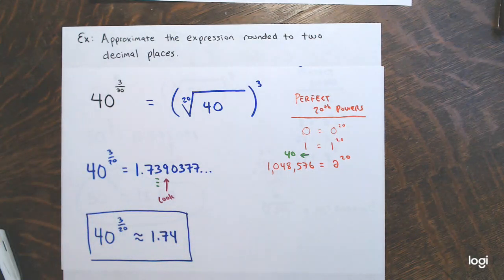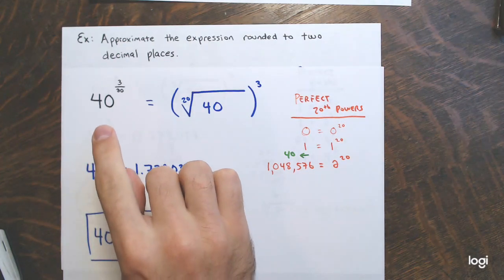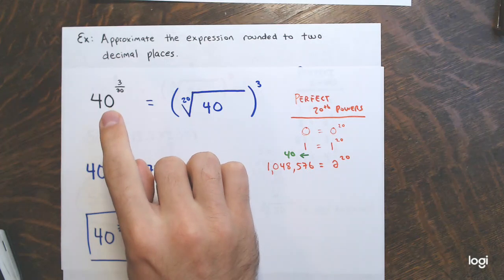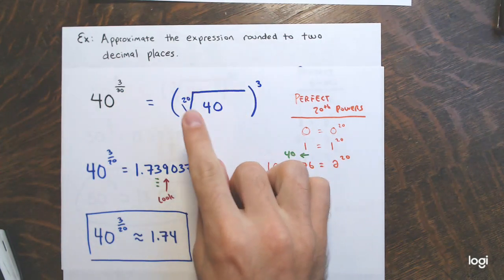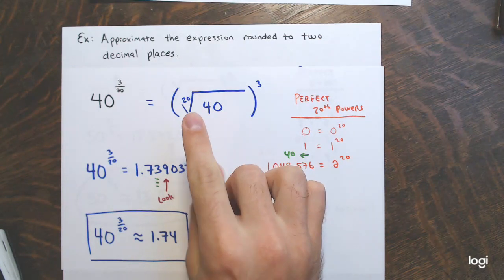Great. All right, and that's it for those two. All right. So far we've seen these expressions where I have a base to a fractional power, and I've written them as an expression with a radical in it.